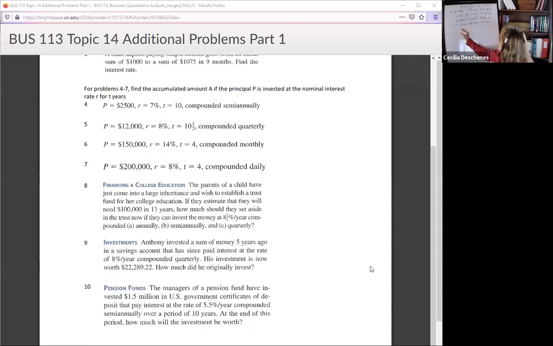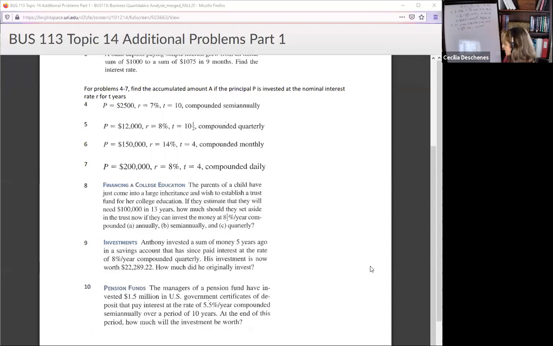So that leaves us with needing to figure out I, which is 0.08 divided by 4 equals 0.02. And our number of conversion periods is 4 per year times 10.5.